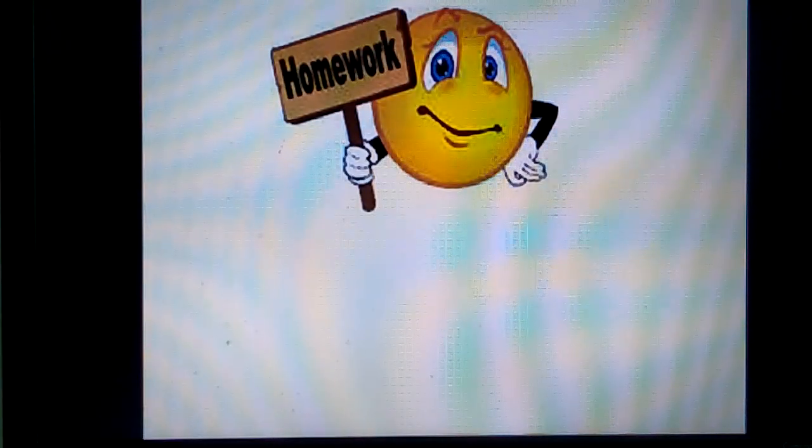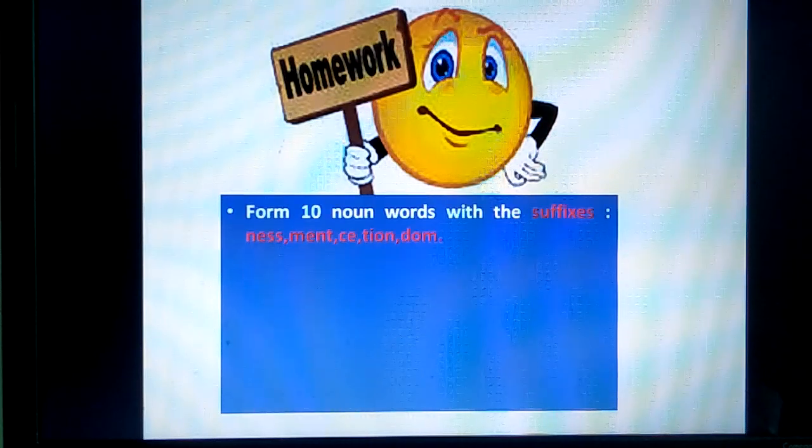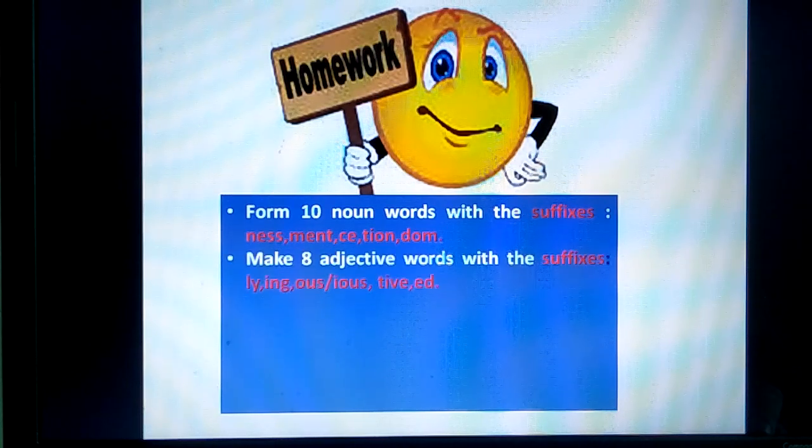Now let me give you some homework. Form 10 noun words with the suffixes ness, ment, tion, dom. You have to form 10 noun words with these suffixes. Make 8 adjective words with the suffixes ly, ing, ous or ious, tive, ed.